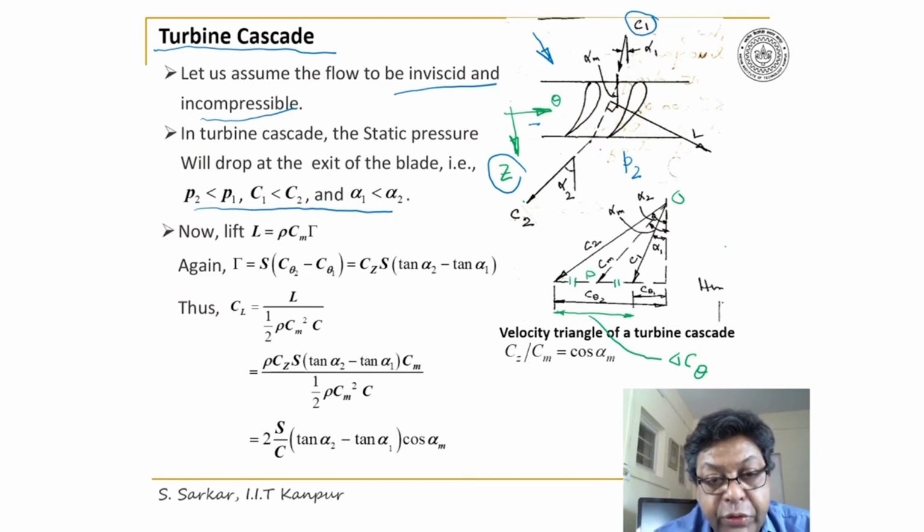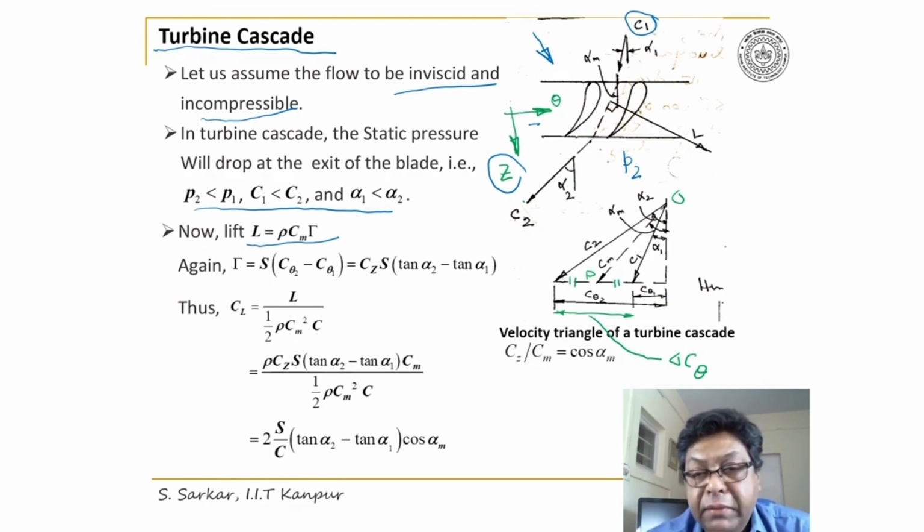The lift generated would be equal to rho Cm into gamma, where rho is the density of air, Cm is the vectorial mean velocity, and gamma is the circulation.